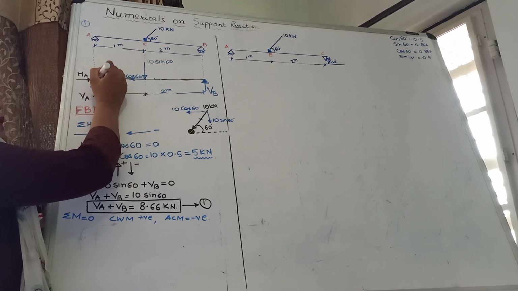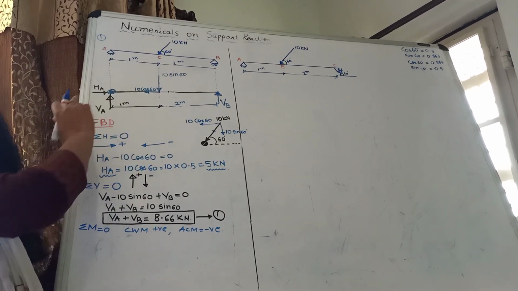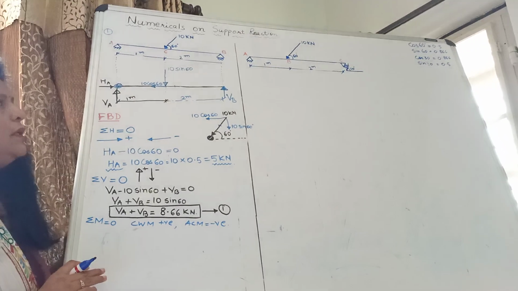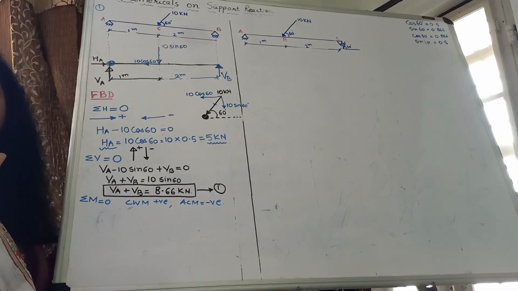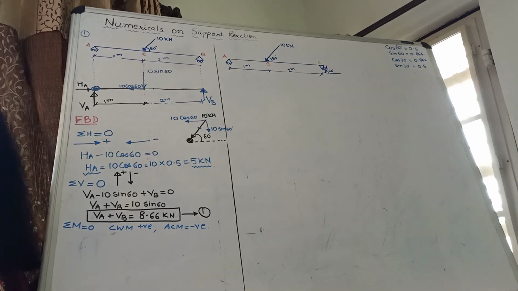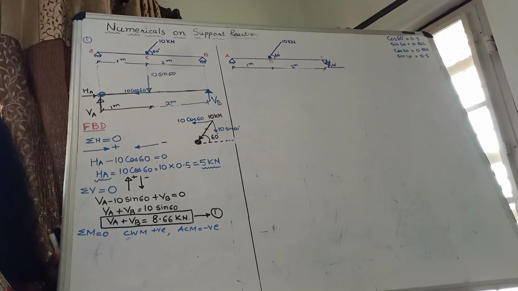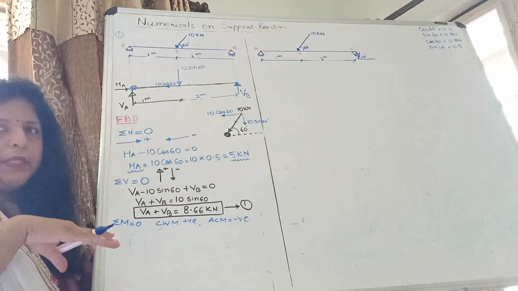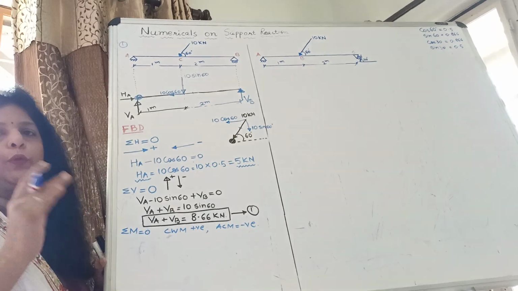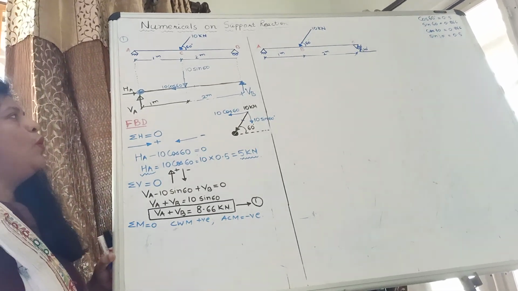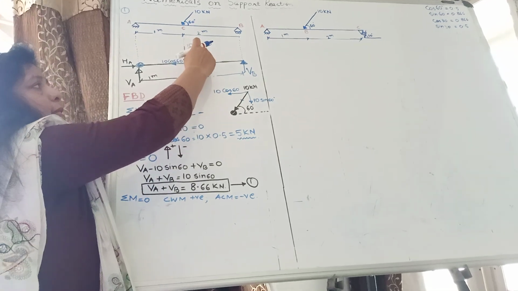Okay, so the distance of force will be with respect to point A, right? So we know what is moment? Moment is force into perpendicular distance. If the force is vertical, the distance will be horizontal, and it will be with respect to point A. So we have got two vertical forces, 10 sin 60 and VB.